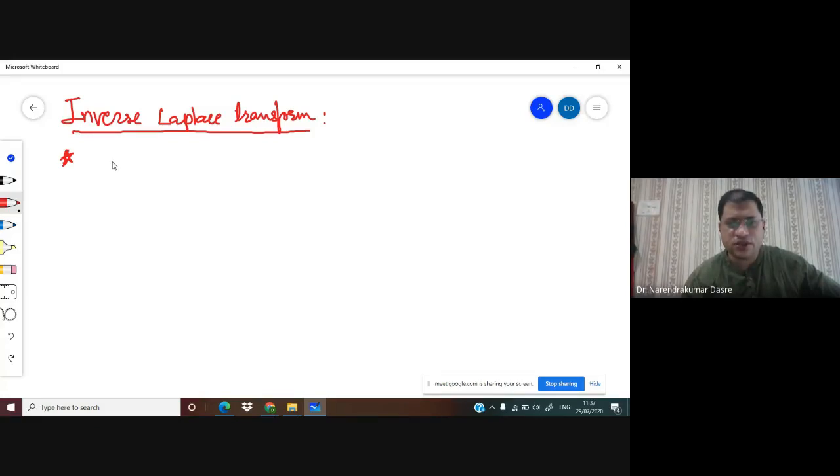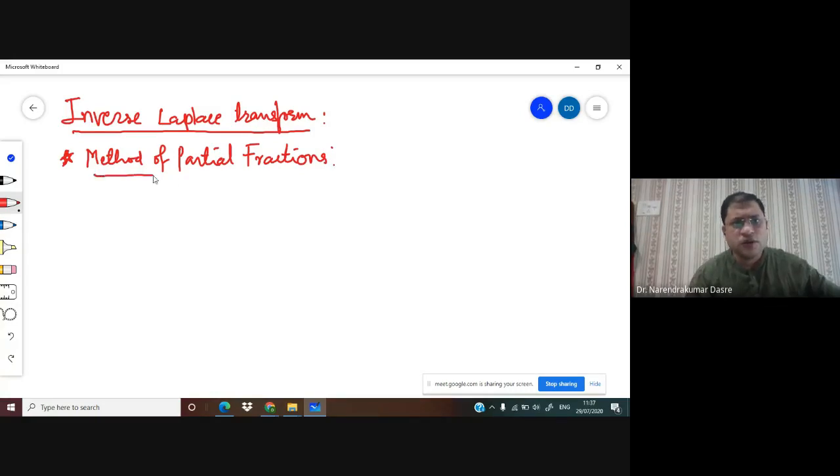We will not be able to use the previous method, and hence we have to use another method that is called the method of partial fractions. So the next method to find the inverse Laplace transform that we have to use is the method of partial fractions.